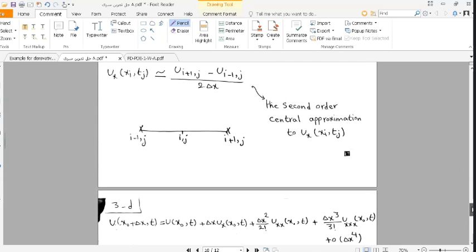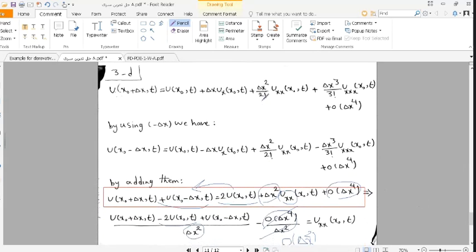At this stage, when we add these two terms to each other, we have delta x2 over 2 plus delta x2 over 2, and the sum of them is delta x2. 1 over 2 plus 1 over 2 is equal to 1.